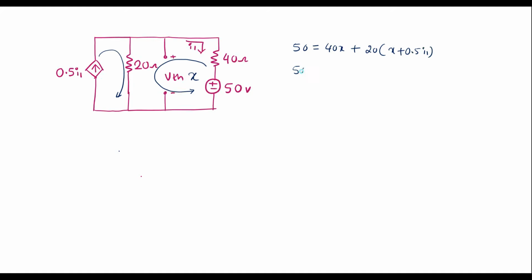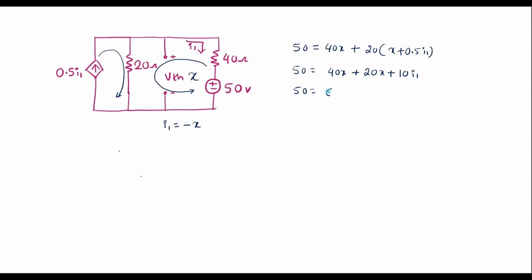Further I can simplify this as 50 is equal to 40X plus 20X plus 20 into 0.5 I1, which is 10 I1. Here we can observe that current X is flowing in the anti-clockwise direction, and current I1 is flowing in the clockwise direction. So I can write I1 is equal to minus X. Wherever there is an X, I will replace it with I1.